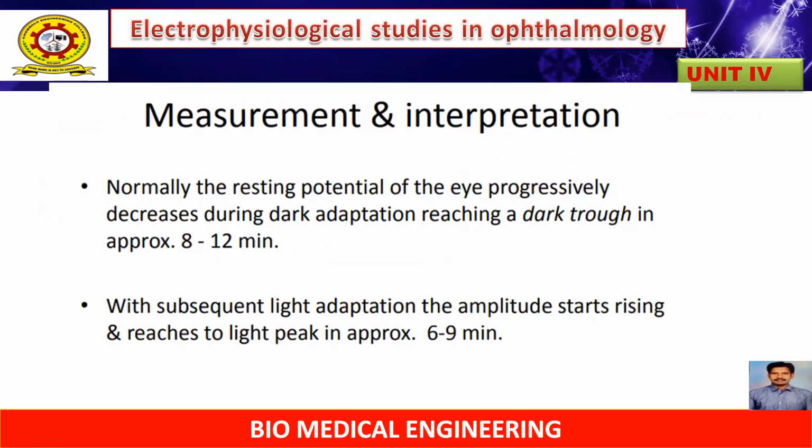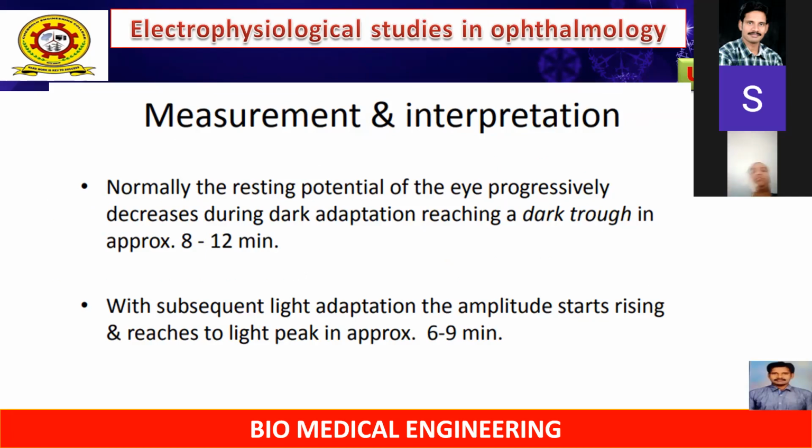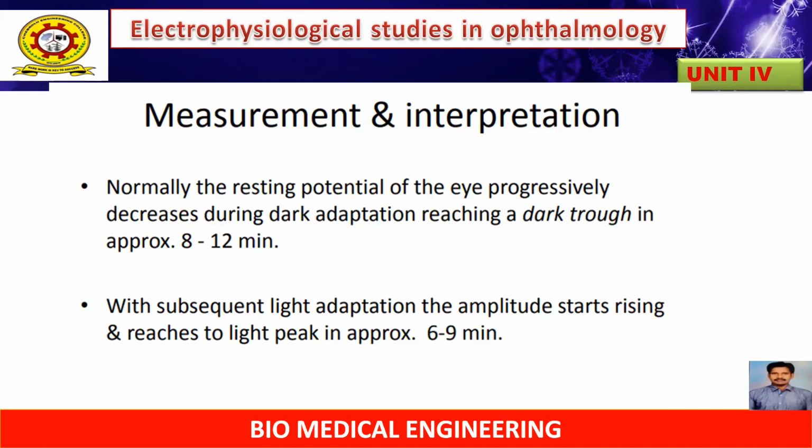Here we have some measurement and interpretation regarding this test. In this test, normally the resting potential of the eye progressively decreases during dark adaptation, reaching the dark trough in approximately 8 to 12 minutes. While taking the test for this EOG, what is the dark trough?